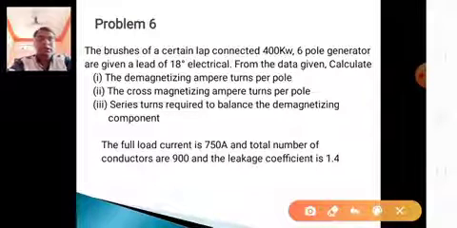So the number of series turns means the demagnetizing ampere turns per pole divided by ISE. We have to find the value of the series current.